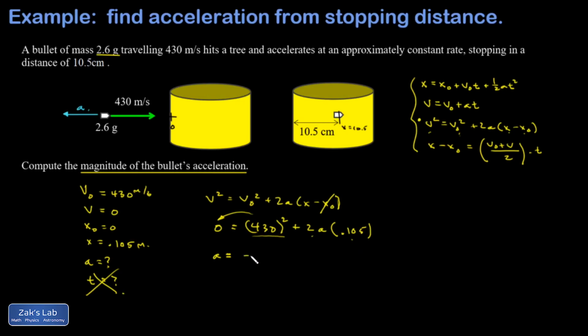And I obtain an acceleration of negative 8.80, just keeping 3 sig figs, times 10 to the 5th meters per second squared. Now what we were asked for in the problem is the magnitude of that, which means you just erase the minus sign. All I care about is the size of the acceleration, not the direction. So I suppose the real answer is 8.80 times 10 to the 5th.